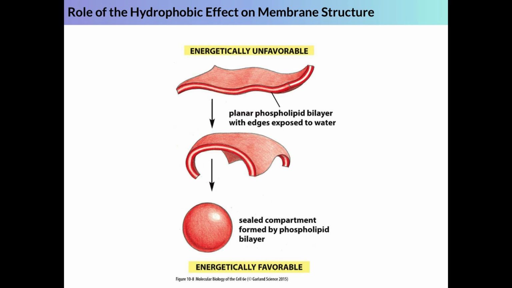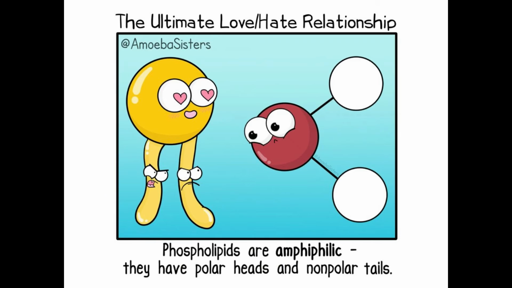The fact that these free edges are thermodynamically unfavorable has another consequence. The only way for a bilayer to avoid having these free edges is by closing in on itself and forming a sealed compartment. So this behavior is essential to the creation of living cells, and it is a direct consequence of the amphiphilic nature of phospholipids.